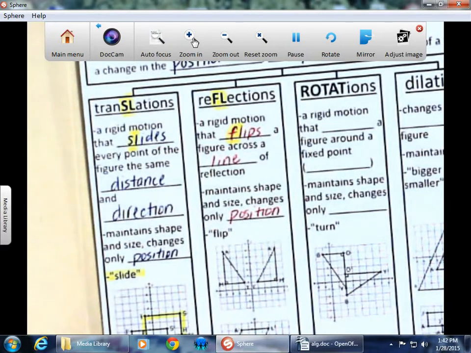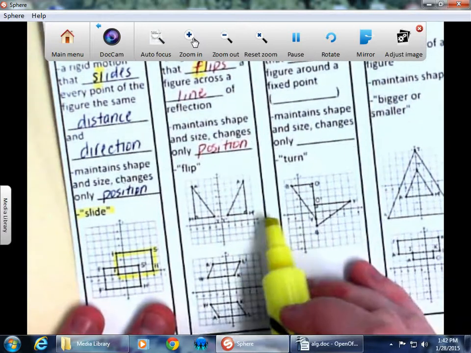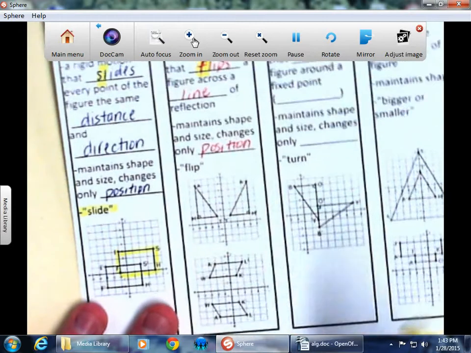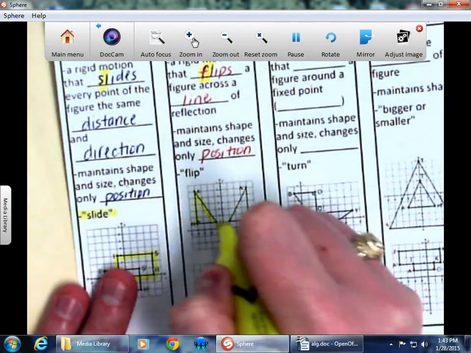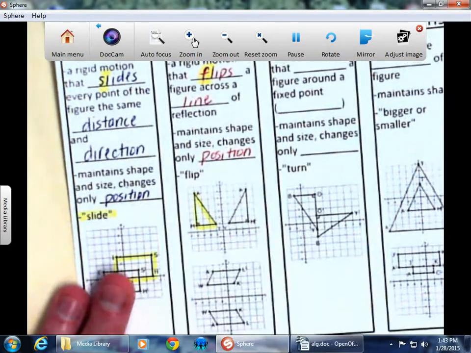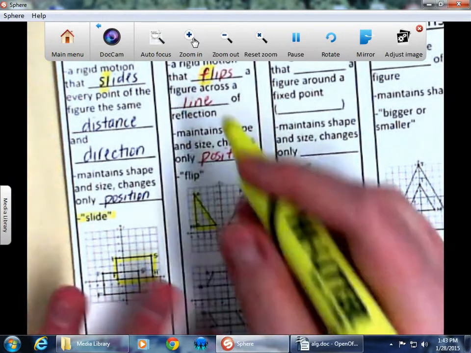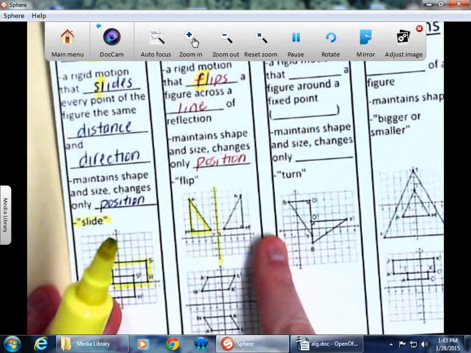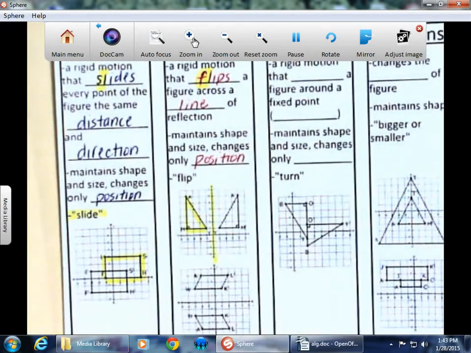So you have two examples here. The first example, you have triangle AMY and A prime, M prime, Y prime. So highlight the pre-image. This one is your image. And then I want you to highlight the Y-axis on this one, because this one flipped over the Y-axis. Below that, you have another picture.